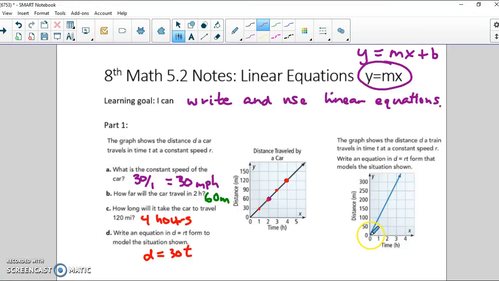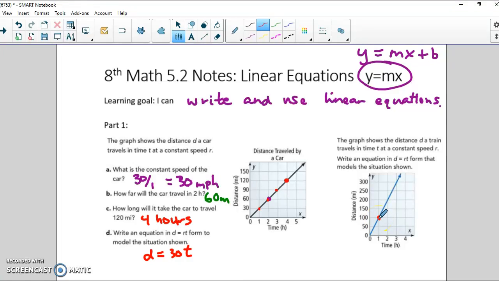So I'm looking on my graph here, on my line, for a point that I can name the exact location of. This point right here, it's crossing 50 on the y-axis, but I would have to guess what x value this is. So I'm going to keep going to this point right here because it's in the corner and I know the exact location. After 1 hour, we've traveled 150 miles.